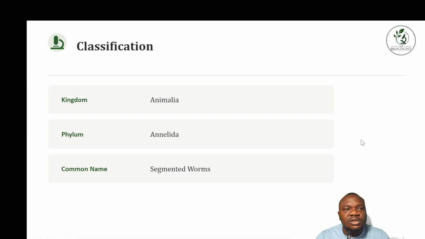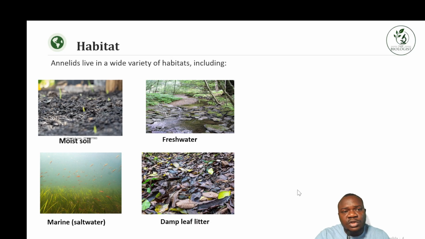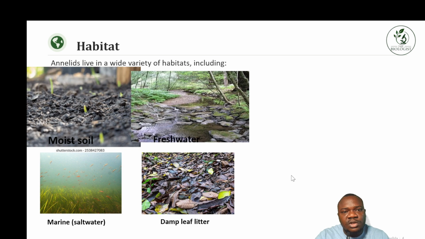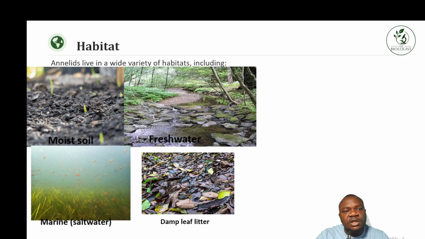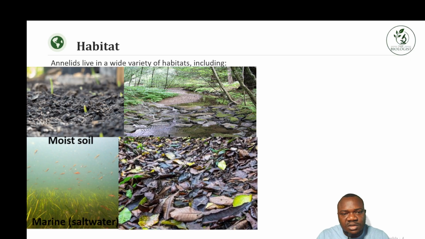So here is the classification. Your kingdom is Animalia. Don't forget this, very important. The phylum is Annelida, and the common name is the segmented worms, because they have different segments that look like rings. For the habitats, you can find these species in moist soil, in freshwater habitats, in marine habitats, and in damp leaf litter. When you raise a leaf from the soil and it's damp, that means it's moist.